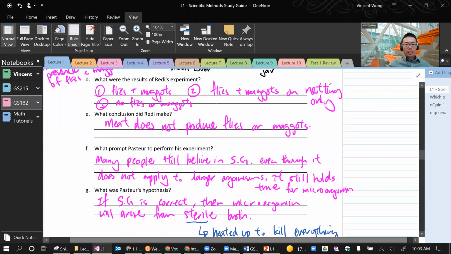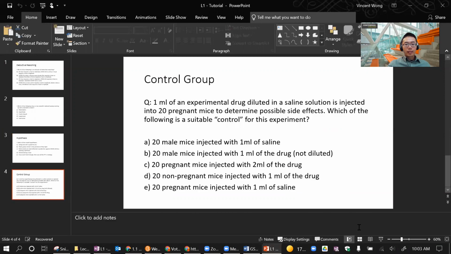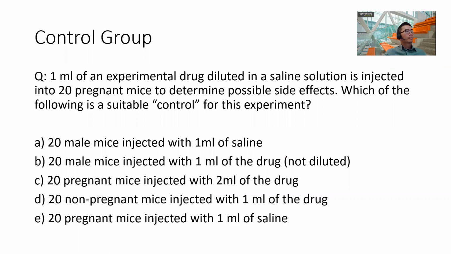Okay. Let's see if there is a poll that we could do. Okay, let's try this one. I will relaunch the poll. Go ahead. Okay, I'll be right back. This one takes a bit of time.